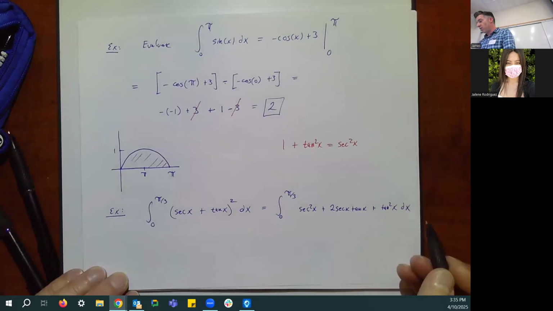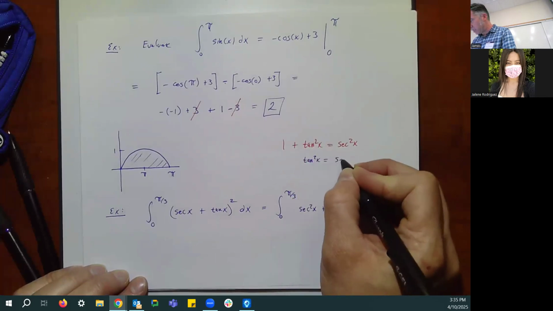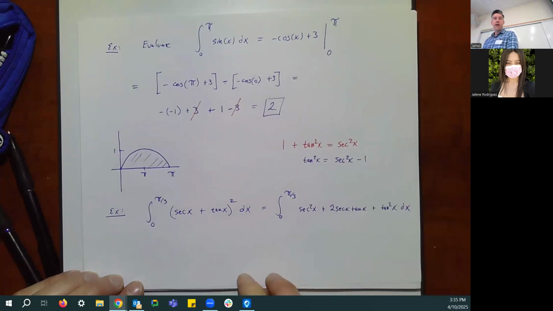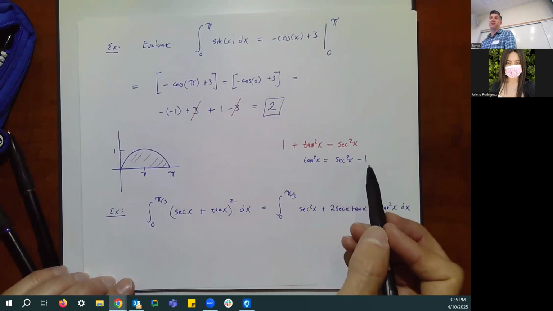So what that means though, is we can say that tangent squared x is equal to secant squared x minus 1. And then we know what the antiderivative of secant squared is, and we know what the antiderivative of 1 is.